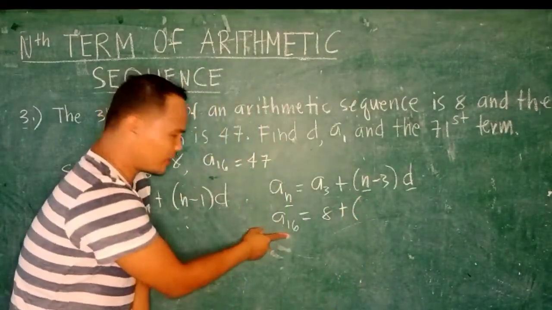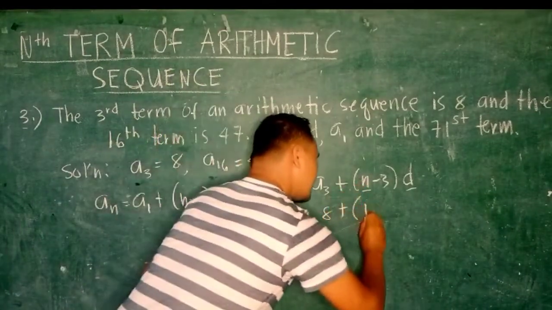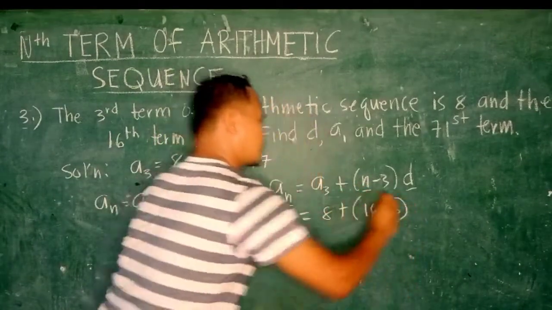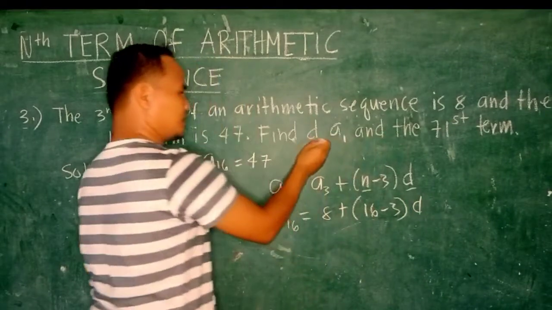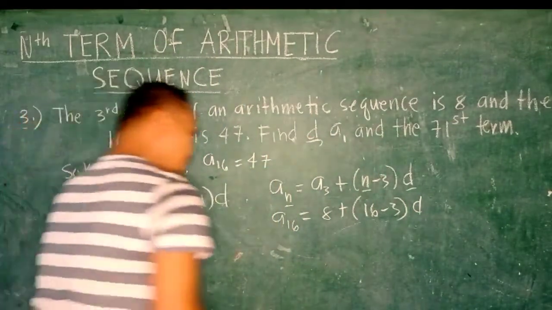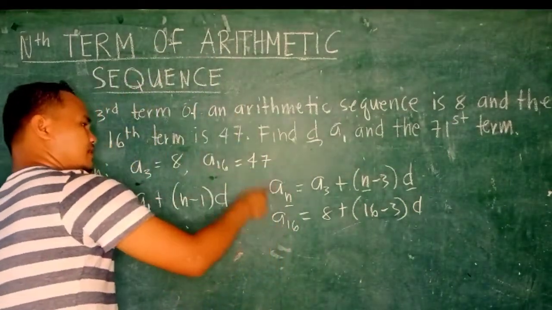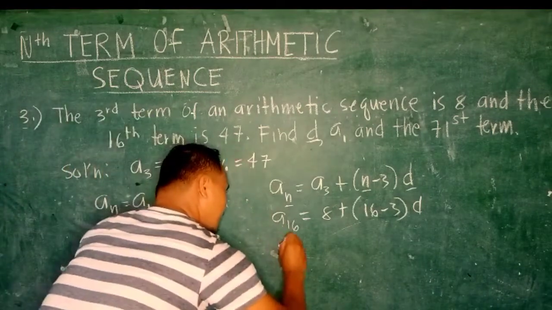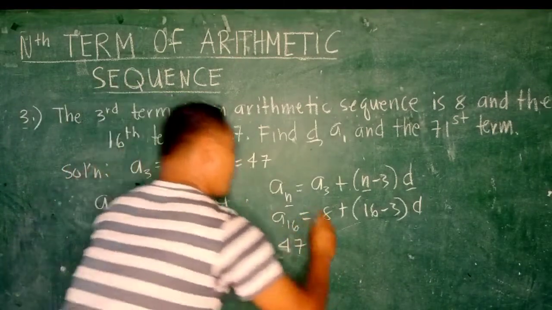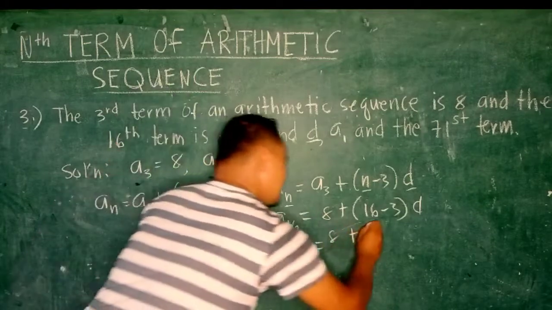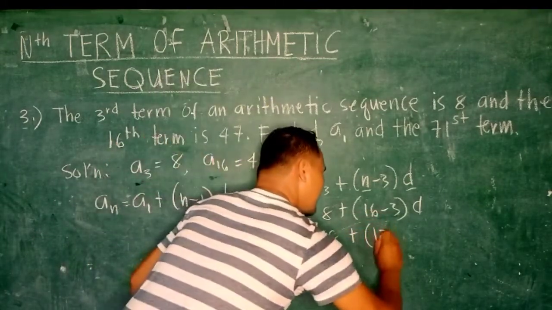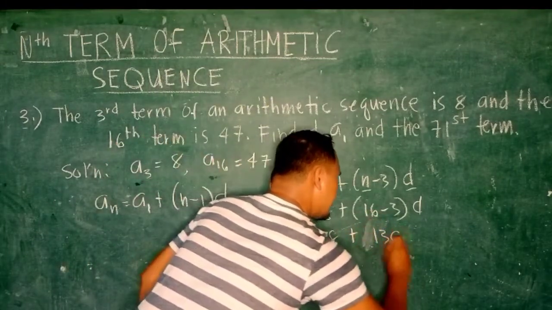A sub 16 na ito yung gamit. What is our n? So n is 16 minus 3 times d, the common difference. So we solve first the common difference. Okay? What is a sub 16? A sub 16 is 47 equals 8 plus 16 minus 3, that's 13. So may muna siya 13d.